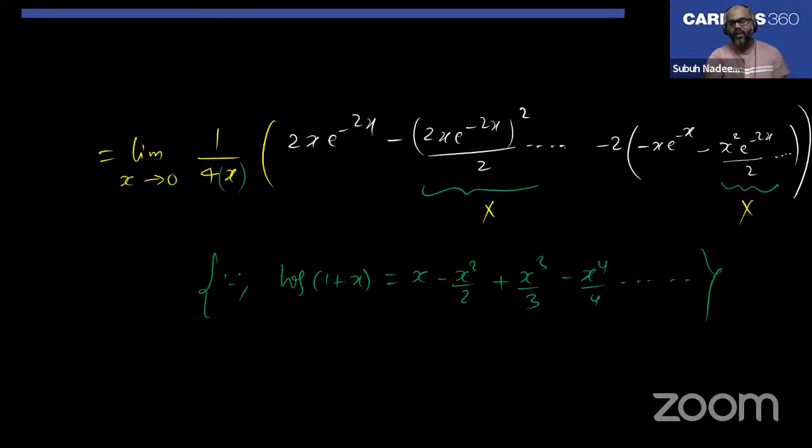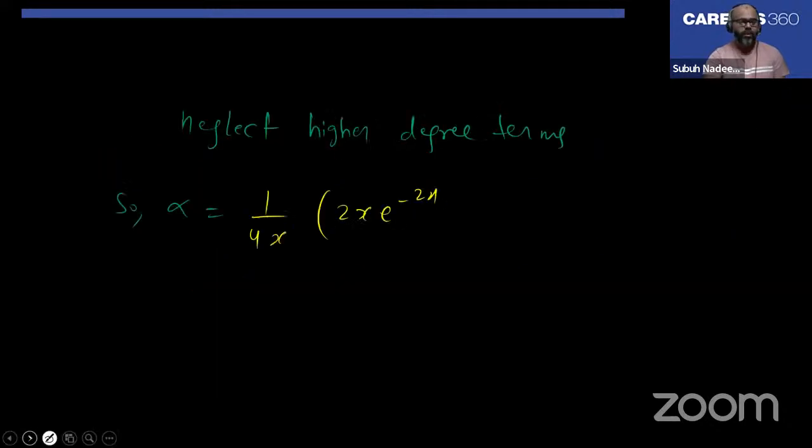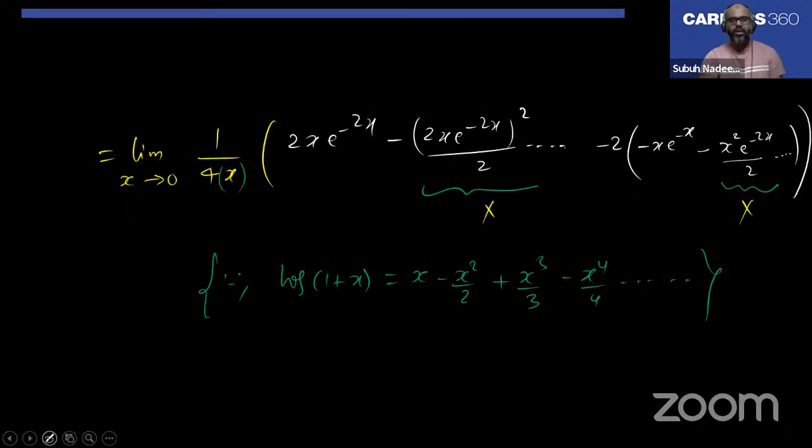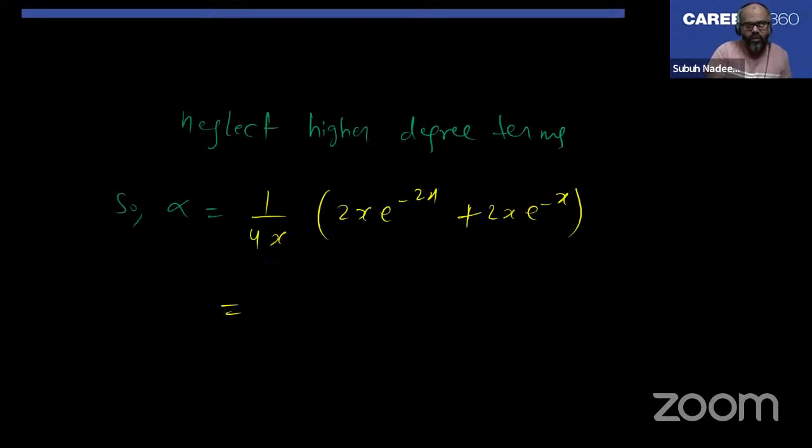And here it will become 2x e to the power minus x plus 2x e to the power minus x. Now when you divide by x, limit x is approaching 0. So it will be 1 by 4, 2 e to the power minus 2x plus 2 e to the power minus x, limit x is approaching 0.